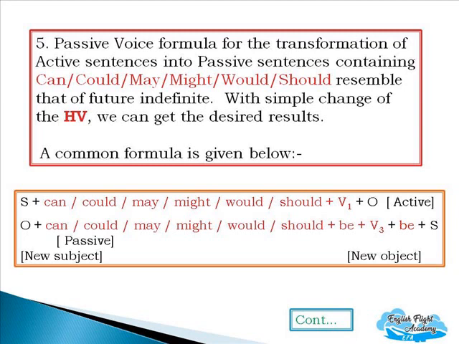Subject plus can or could or may or might or would or should plus verb 1 plus object is the active voice formula. And when we change it into passive voice, object plus can or could or may or might or would or should plus be plus verb 3 plus subject. Okay, that's the way we change it into passive voice.